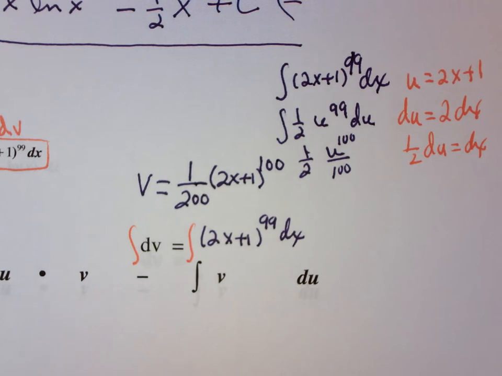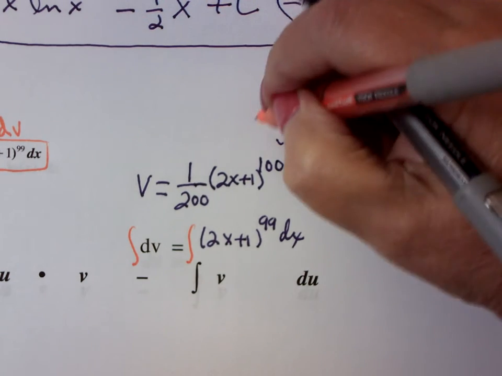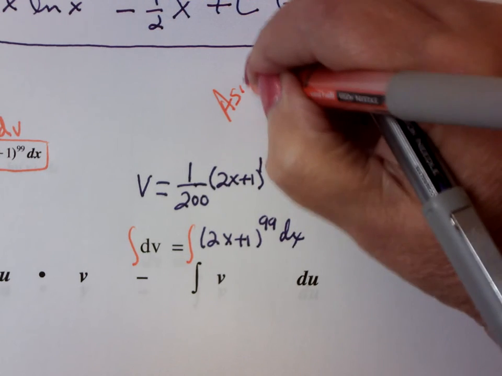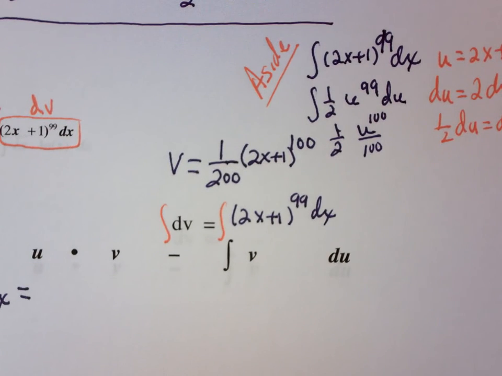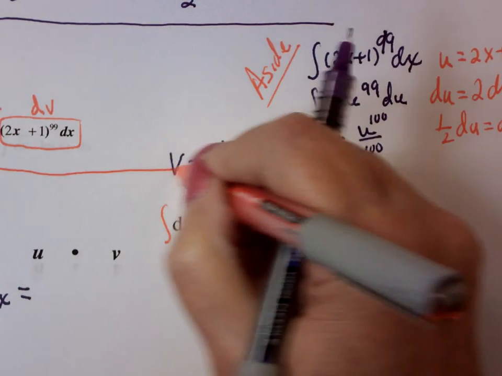And by the way, in mathematics, we have a name for this. This is called an aside, where you do things to the side, do your thing, and then you bring the information back. So now we can go in and integrate by parts.